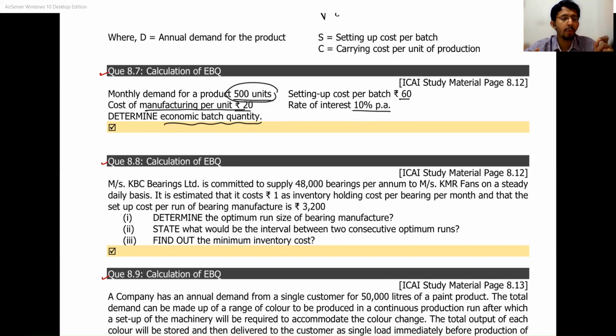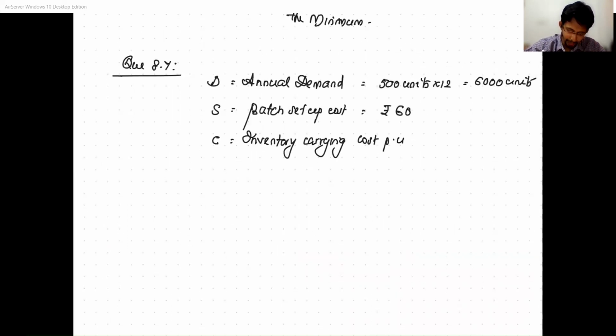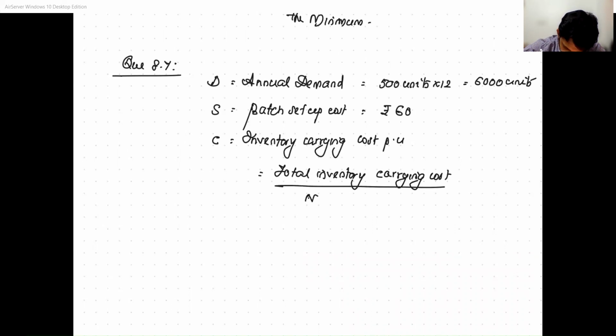Or in other words, if you want to find out the inventory cost per unit, what you can do? What you need is the inventory carrying cost per unit. This is equal to total inventory carrying cost divided by number of units of inventory.